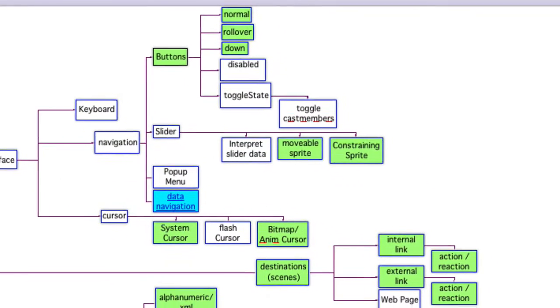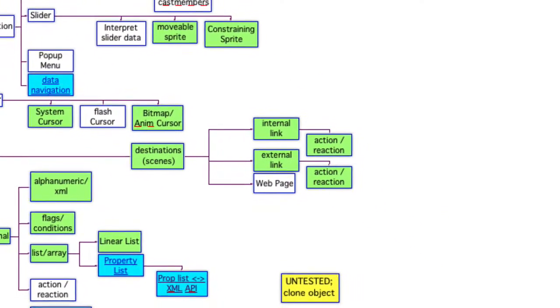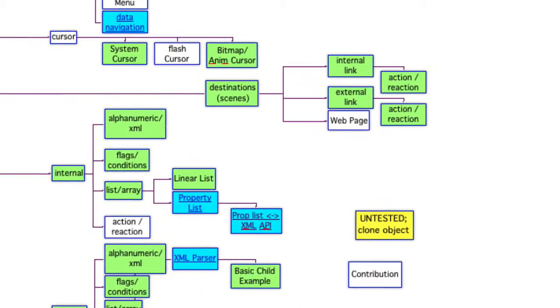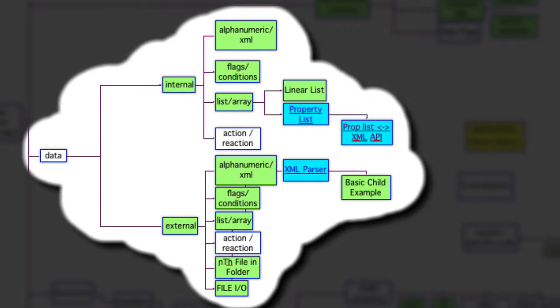Then as we move down, the next one is the scenes, which are destinations inside Director, and you can have an internal link or an external link, and they have their various actions and reactions accordingly. Then moving down to the next big section is the data section, and there could be internal or external data. They could come from different places. They can manifest themselves in different ways, such as lists, and they have triggers and conditions and flags and so on and so forth.